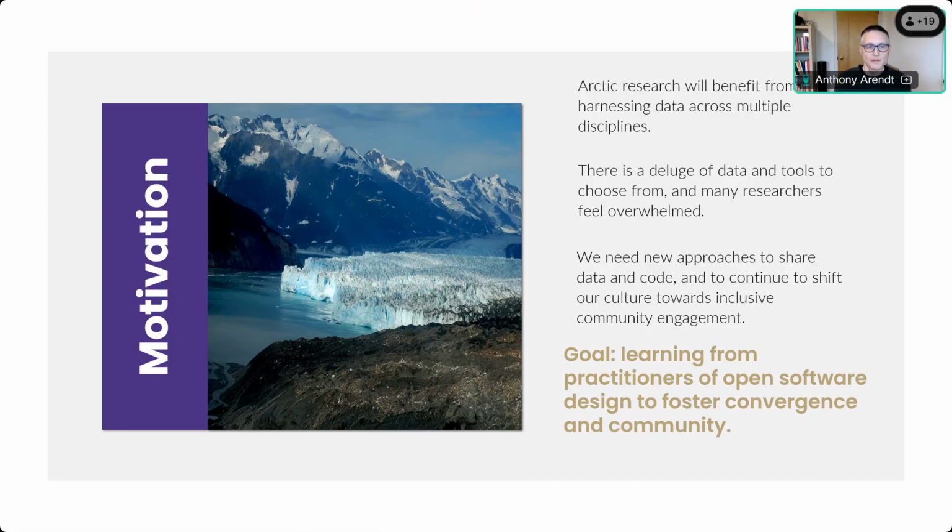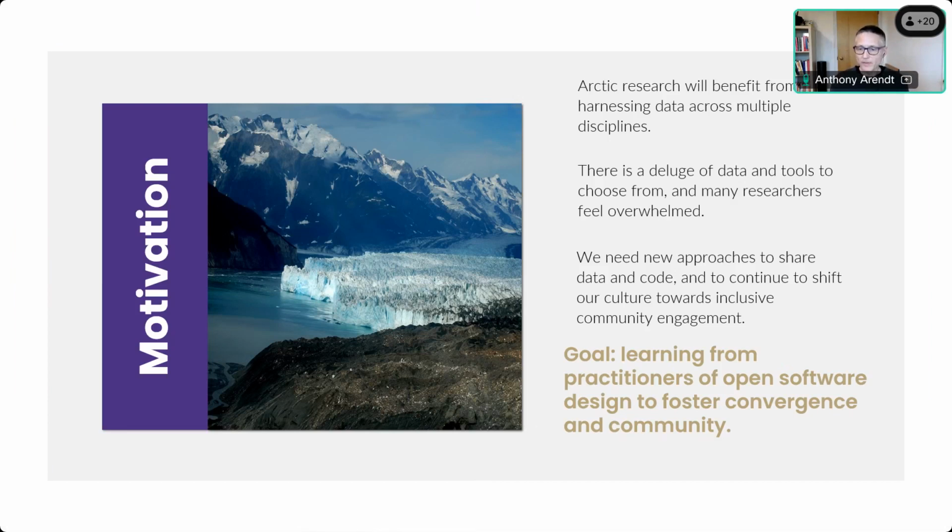We're now facing a situation where there's a deluge of data and tools to choose from, and I think many of us are feeling overwhelmed by the different directions we can go in our research. What we need is a shift in our culture towards sharing of data, sharing our code, and really focusing on inclusive community engagement so that everyone who has an interest in doing this work can take part, including those folks who are intimately engaged in living near these glaciers in the communities that are most impacted by climate variability.